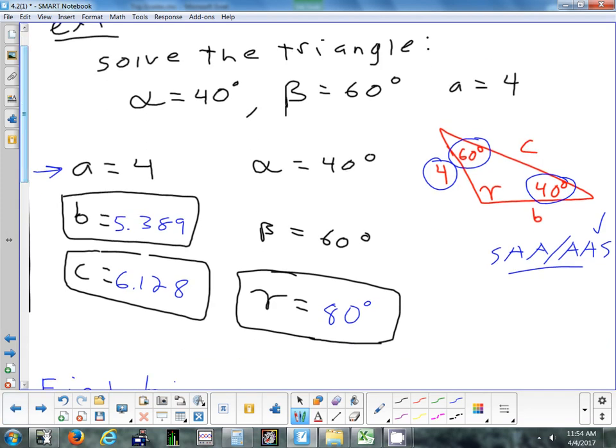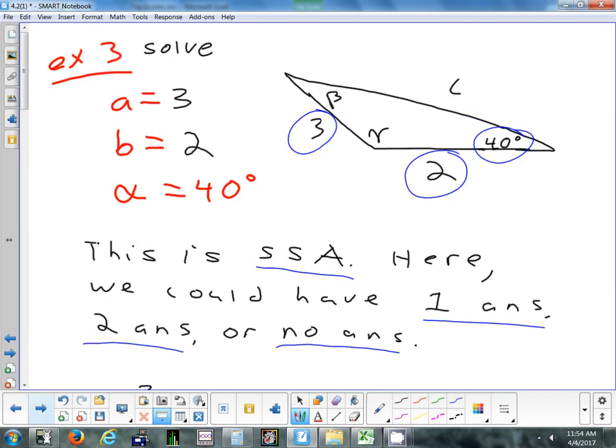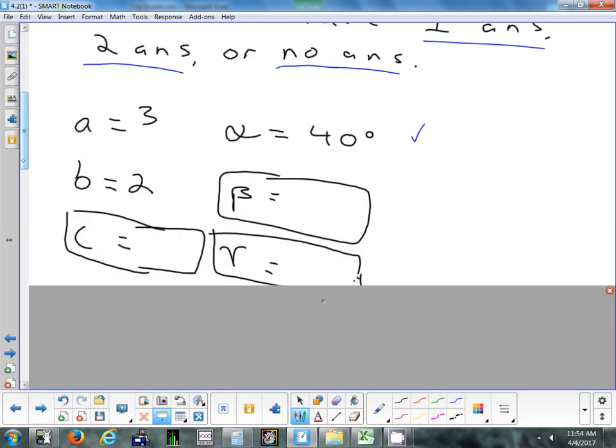And in this one, we had a row that was empty, but we could find something in it easily because the angles all added up to 180. I can't use the trick that all the angles add up to 180 here because I'm missing both angles. So I have no way to find gamma. I can't use Pythagorean theorem to find C because that would assume that it's a right angle, and I don't know that. So I can't get C or gamma.